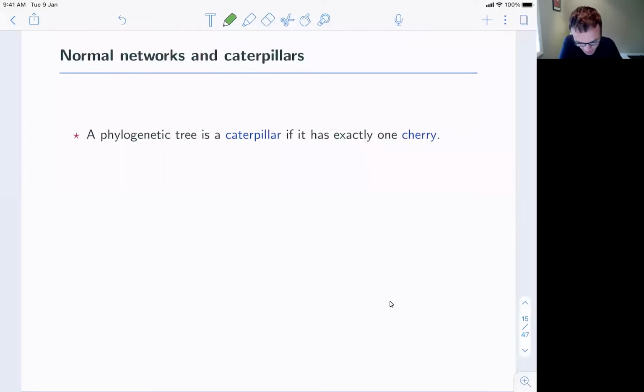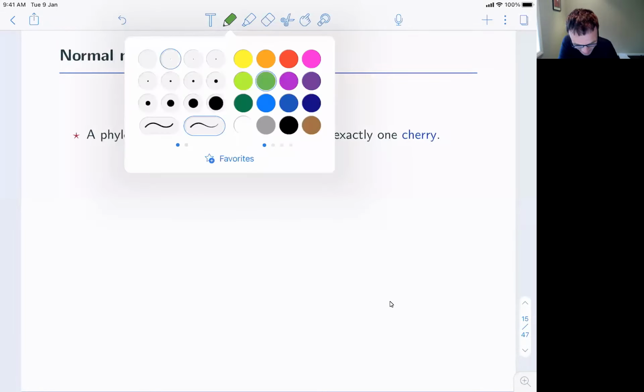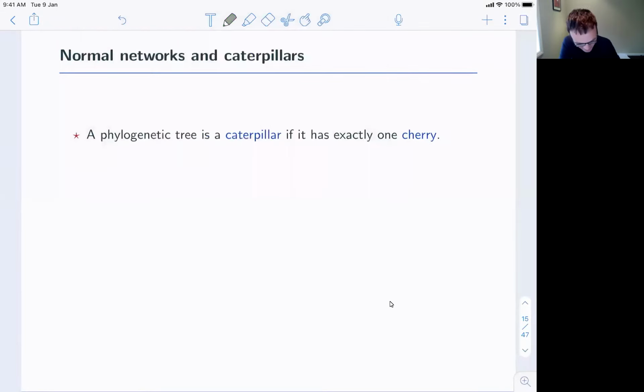So phylogenetic trees are caterpillars if there's exactly one cherry. I've got a definition inside a definition. It's not particularly good, but here's what I mean by that. So a cherry is a pair of leaves with a common parent. So X1 and X2 is a cherry.